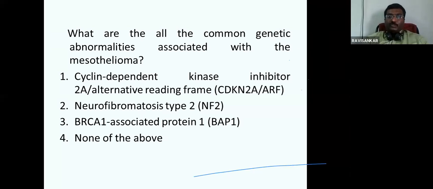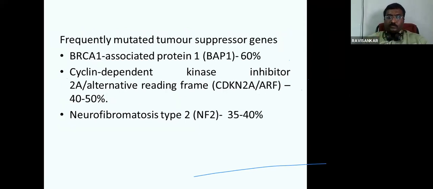Common genetic abnormality associated with mesothelioma is the BAP1 gene. That is the BRCA1 associated protein gene. There are also other two tumor suppressor genes that are associated. You have to remember the neurofibromatosis 2 gene or Merlin, or you can have cyclin dependent kinase inhibitor 2A, that is CDKN2A or ARF, alternate reading frame, that occurs in 40 to 50%.